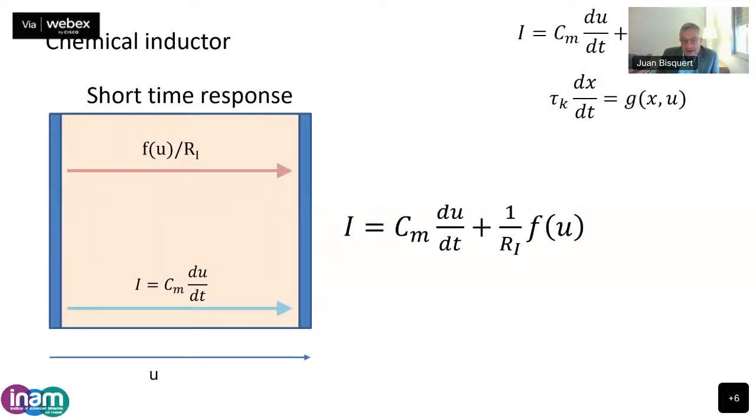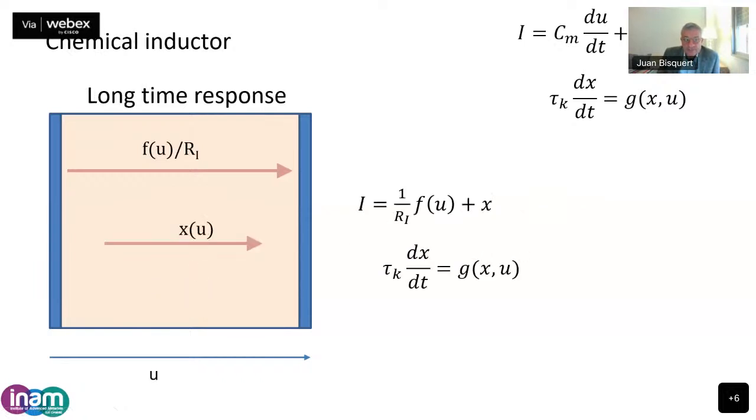So here I explain better the physical interpretation, because we have a conduction polarization system by these two equations that I just mentioned. So we consider first the very short time response. In the short time response, the X doesn't play any role. So you have two currents. You have a conduction current by the F function here, and you have a polarization current due to the capacitance. This is the initial response.